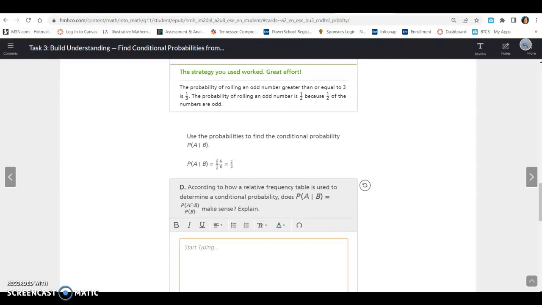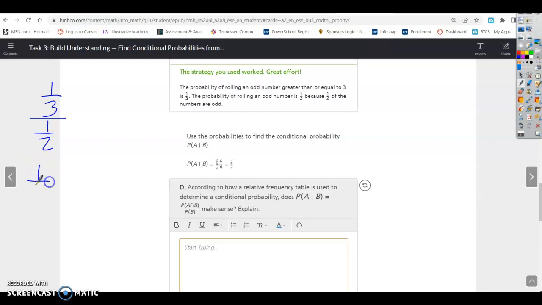If we use the formula, all we have to do is plug in the numbers. So 2 over 6 is the same as 1/3 that we put above. If you divide that by 3/6, which is 1/2, to simplify you simply multiply by the reciprocal of the one on the bottom.